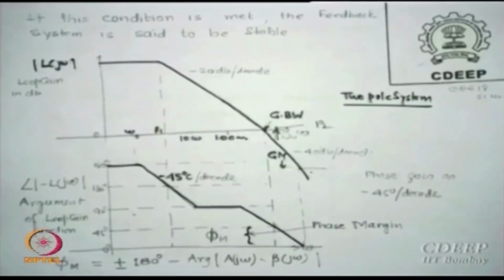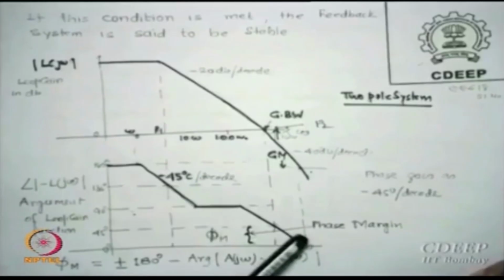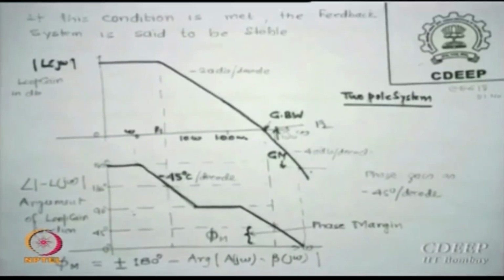Please take it, 0 and above everything is safe, even if this point is reached just here it does not matter, because it is fair enough that it is still not positive feedback. But that may change because of the other parasitics. For example, even the gains which you thought on a single chip, some devices may have different W by L or different parameters, and the adjoining transistor or adjoining chip may not have the same values.